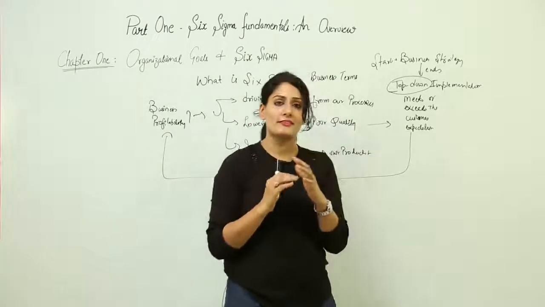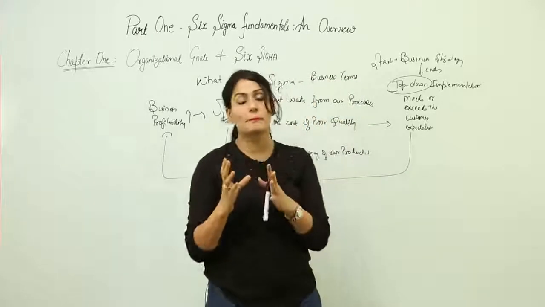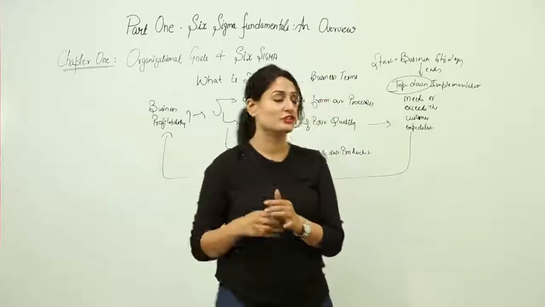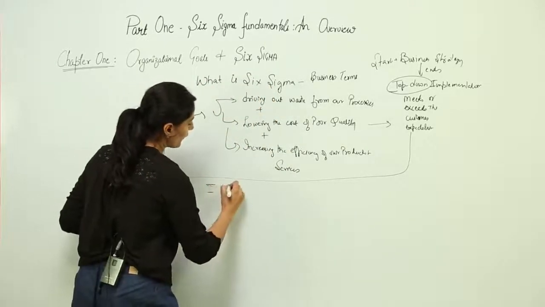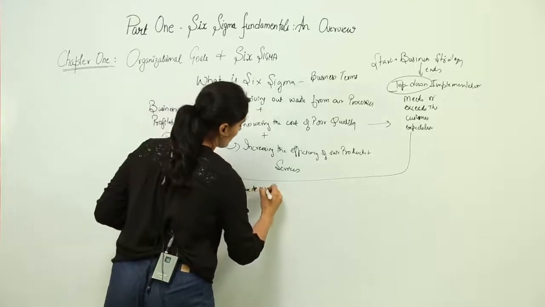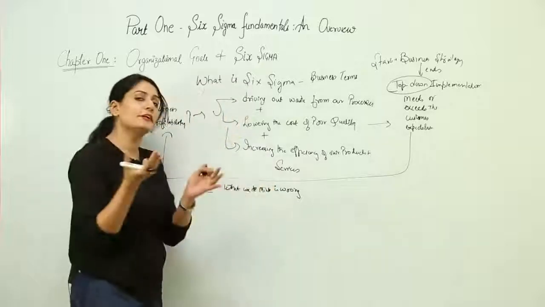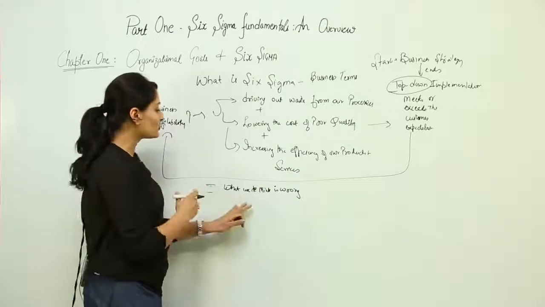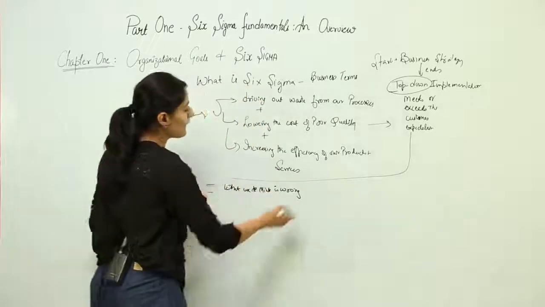So, what I want to say is that Six Sigma replaces intuition based decisions, that is, what we think is wrong. So, this is your intuition based thinking, the decisions that we think are right may be wrong, but Six Sigma replaces it.